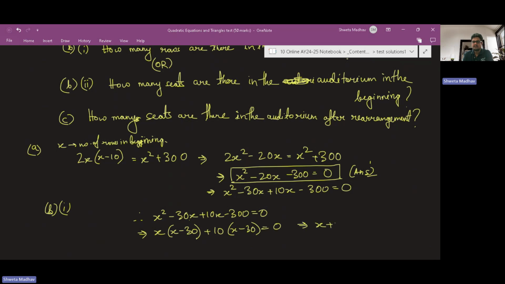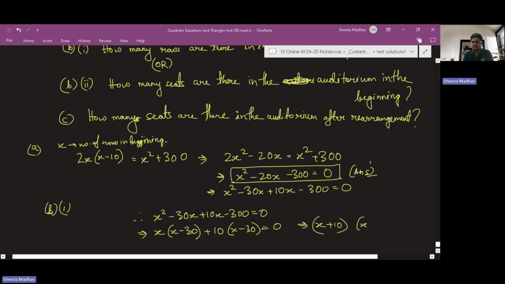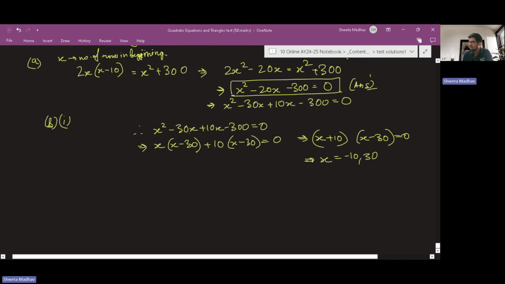We get x plus 10 into x minus 30 equal to 0. So x is equal to minus 10 or 30, but the number of rows cannot be negative. So x is equal to 30. Therefore the number of rows is 30.